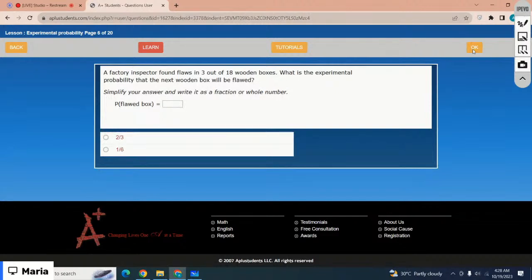A factory inspector found flaws in 3 out of 18 wooden boxes. What is the experimental probability that the next wooden box will be flawed? Which is the correct option?